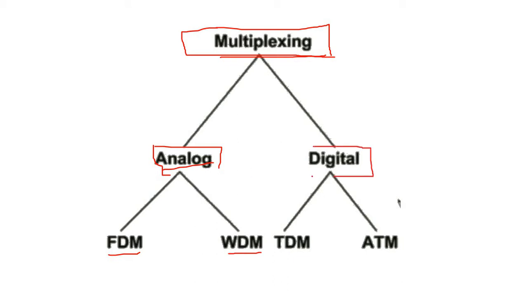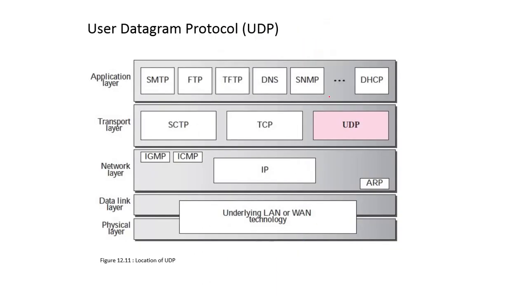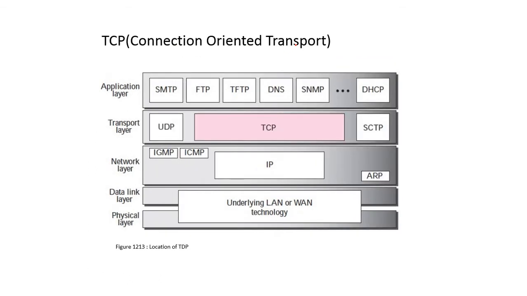Whereas in digital communication there are 2 more types: TDM, time division multiplexing, and ATM, asynchronous time division multiplexing. We have discussed the user datagram protocol, UDP, for connection-less services, as well as TCP, transmission control protocol, for connection-oriented services.